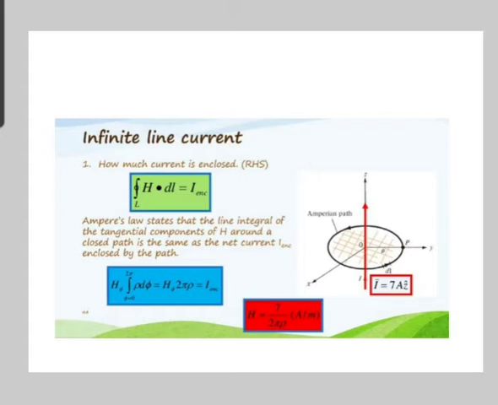So current carrying filaments are placed along the positive y axis. Similarly, the direction of the current is along the positive y axis.